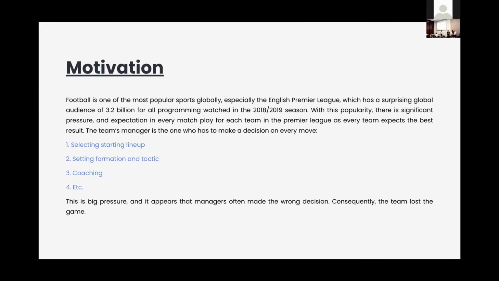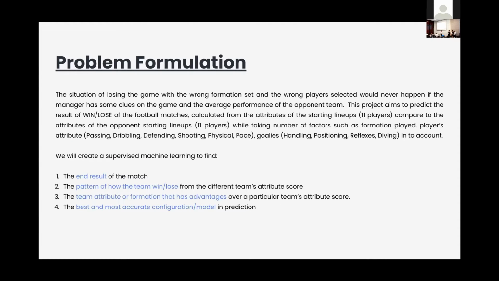So this project aims to predict the result of winning and losing of football matches. We calculated this from the starting lineup attributes compared to the other team's lineup. We also take other factors into account, such as formation plays, player attributes, and goalie attributes.